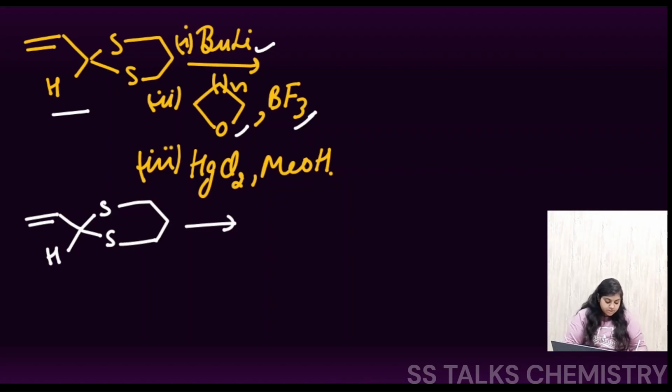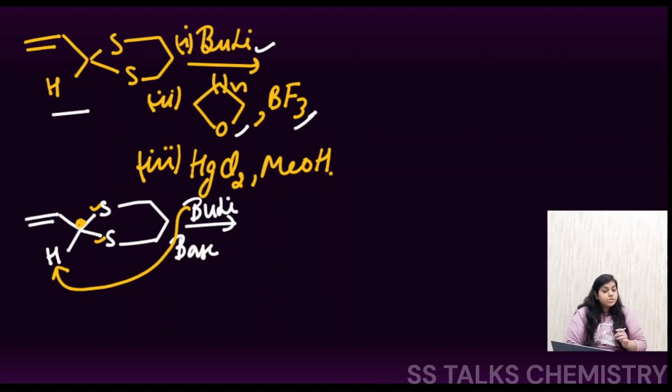In the first step they have given us butyl lithium. The role of butyl lithium is that it can act as a base, so it is going to look for the acidic proton. Here butyl lithium will act upon this particular hydrogen, which is my acidic proton, because after its loss the negative charge formed is stabilized by the two adjacent sulfur atoms.